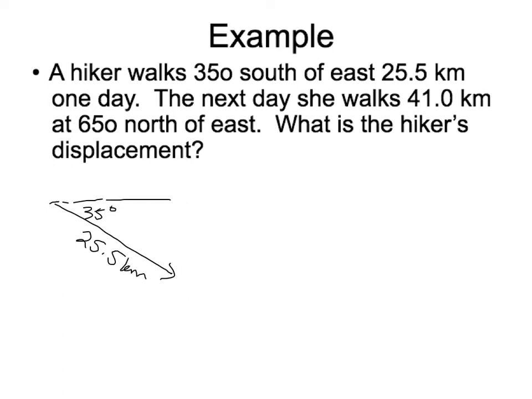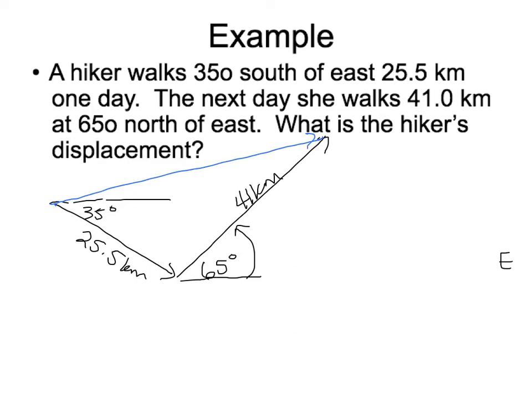Then the next day they turn, and I just realized this picture is going to be a little off, but that's all right, 65 degrees north of east, so this is east over here, and they travel 41 kilometers. And the question is, what is the resultant vector? And I probably want to describe that angle right there, because it'll be convenient to say this many degrees north of directly east. Okay, so that'll be the angle I want to use.